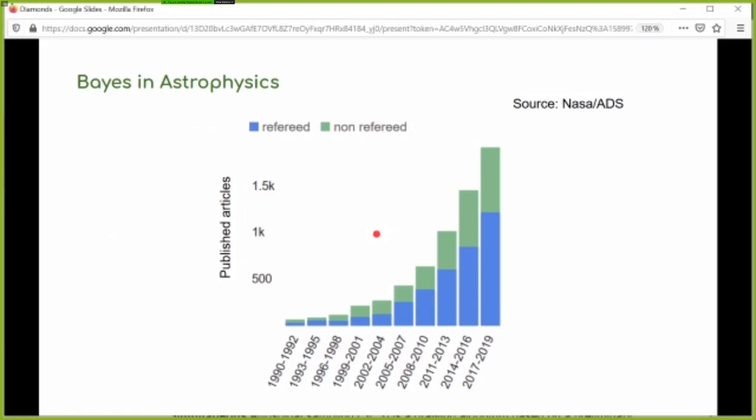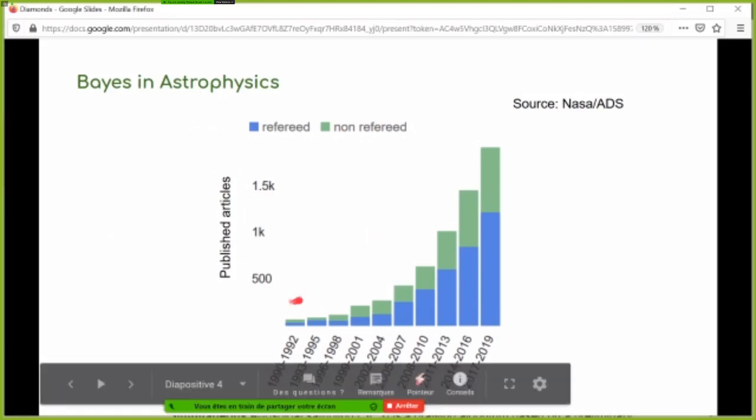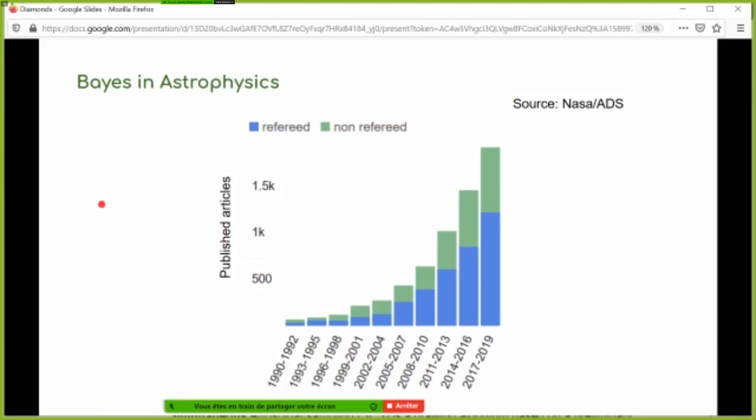As you can see, there is clearly an exponential trend in the refereed and non-refereed papers published, which makes Bayesian statistics in astrophysics a very hot topic.